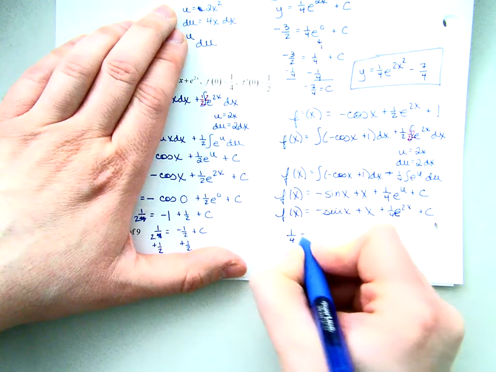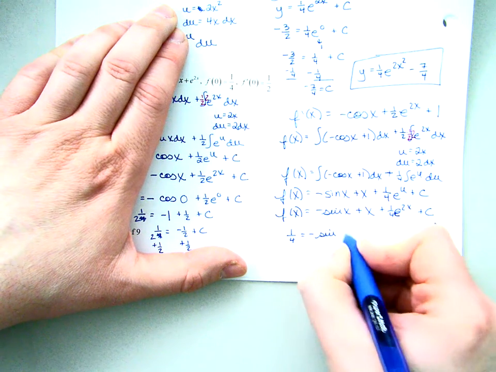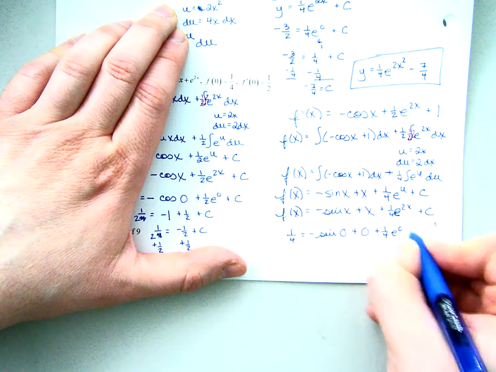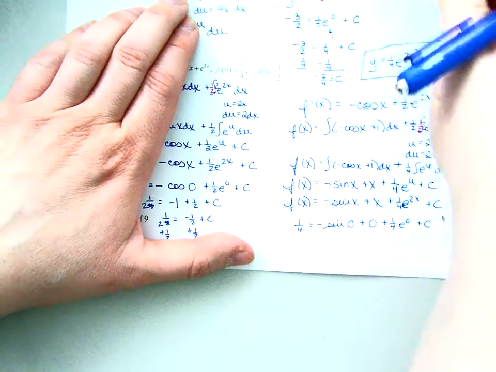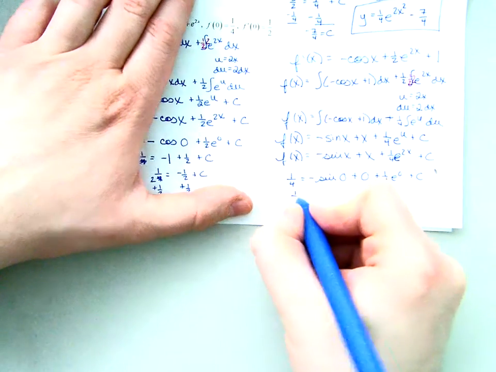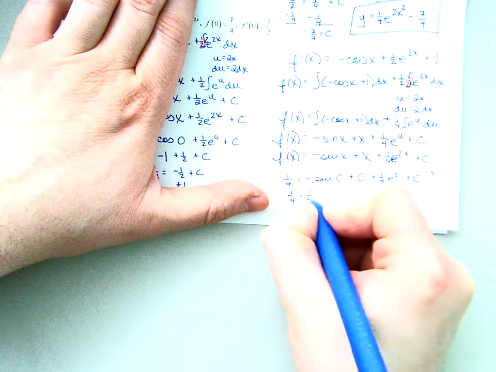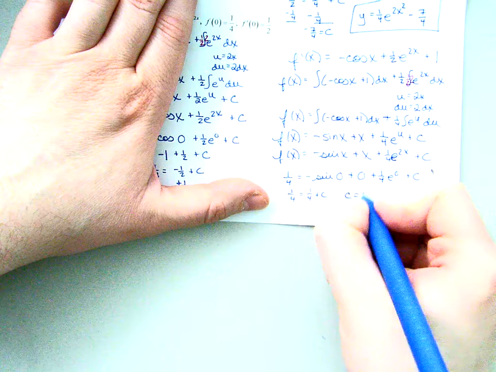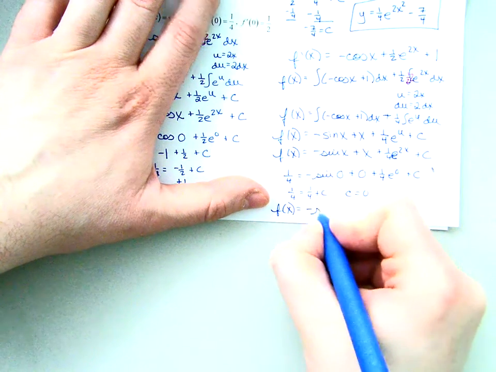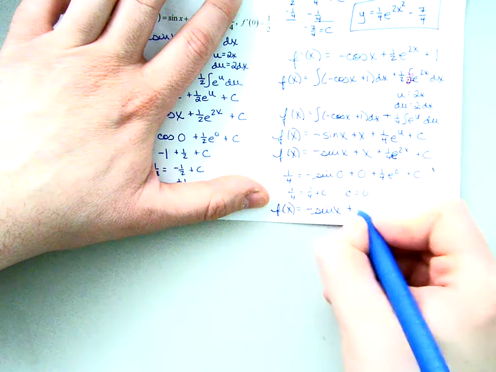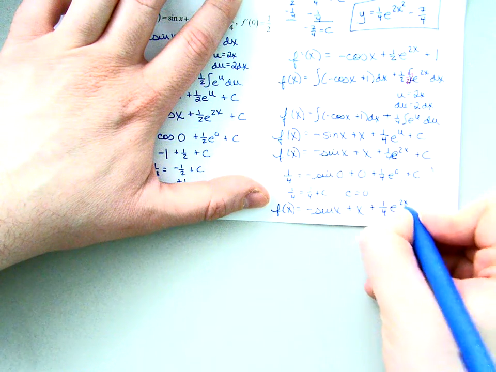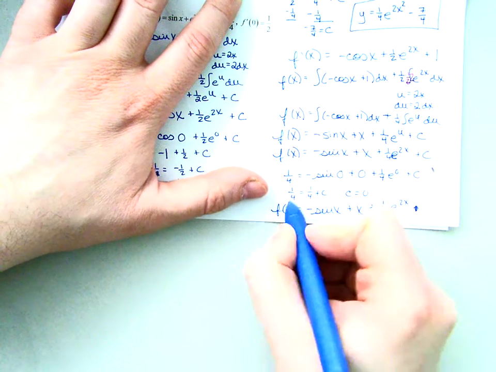We're going to get 1/4 equals the negative sine of 0 plus 0 plus 1/4 e to the 0 plus c. Well, everything on the right side is 0 except that e to the 0 part. 1/4 equals 1/4 plus c. Your c is 0. So our answer should be f of x equals negative sine x plus 1/4 e to the 2x plus nothing.